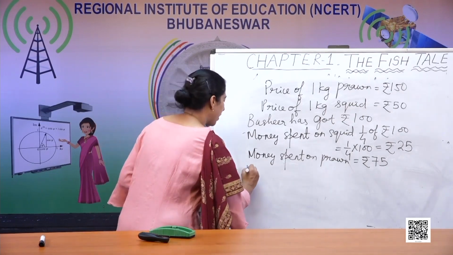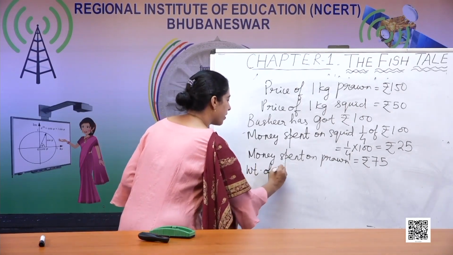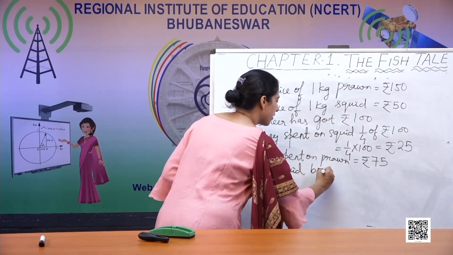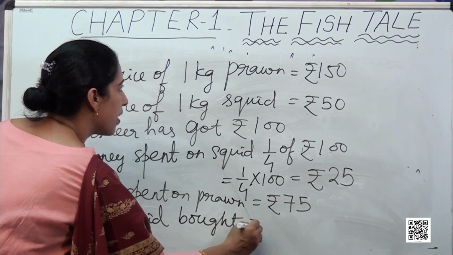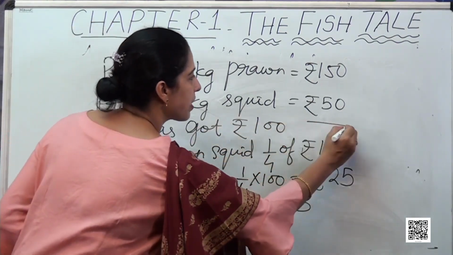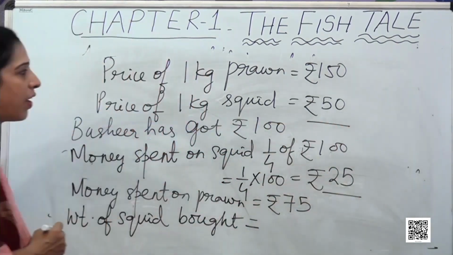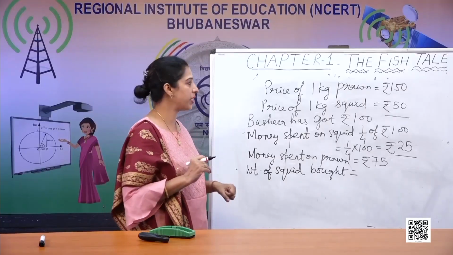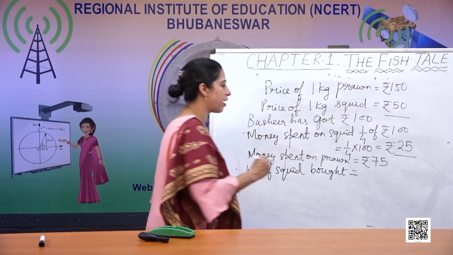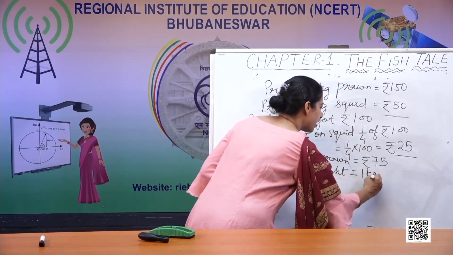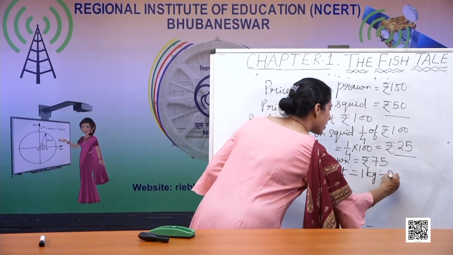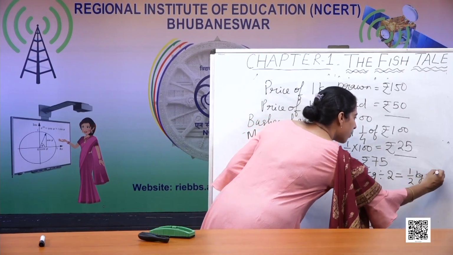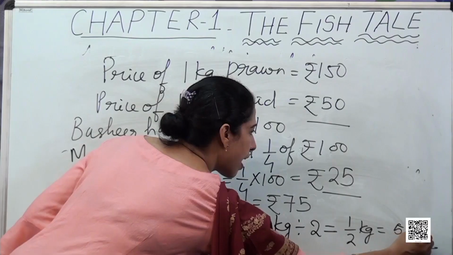So the weight of squid bought: the price is 50 rupees and he spent 25 rupees on squid, so that means he spent half of the money. So 1 kg divided by 2 is equal to half a kg, or 500 gram.